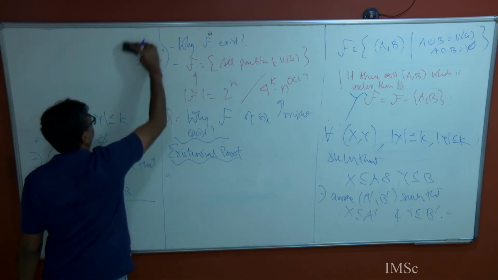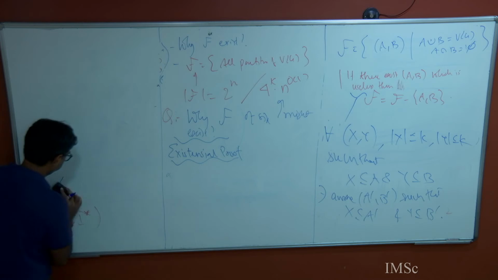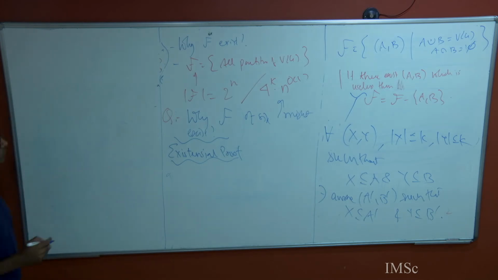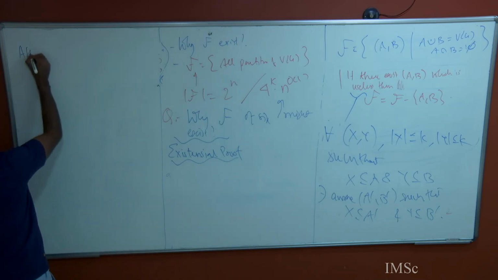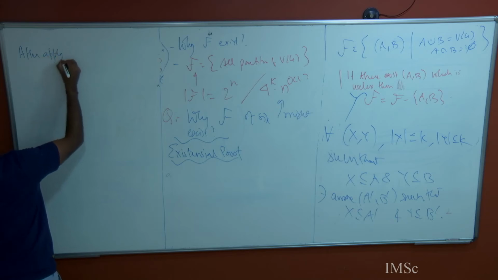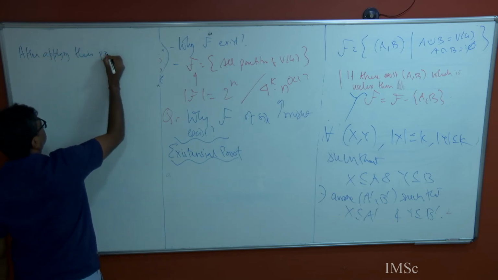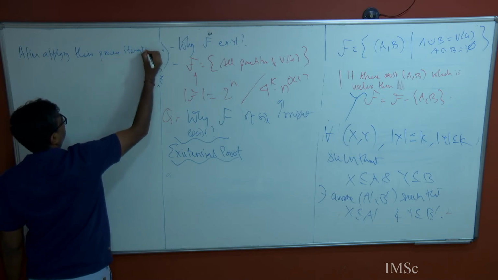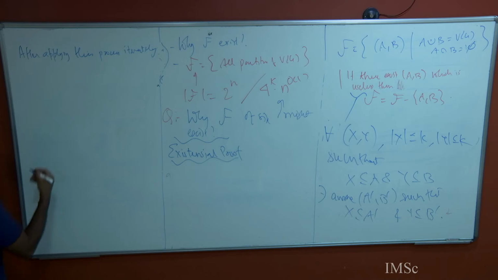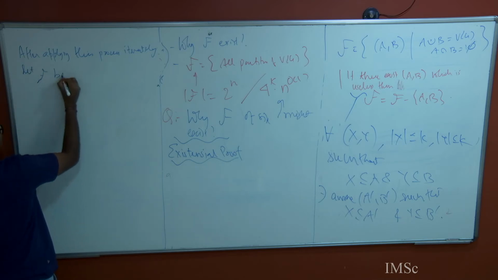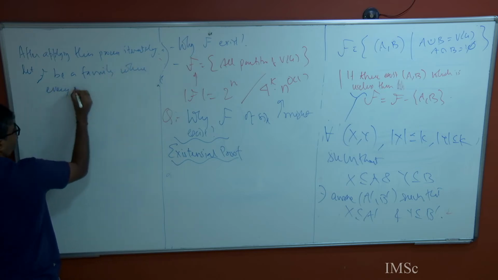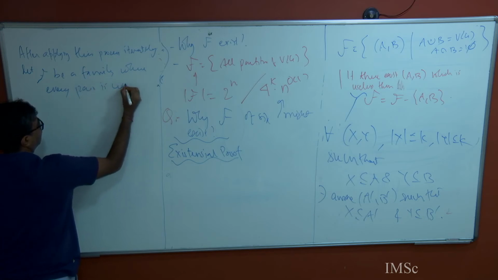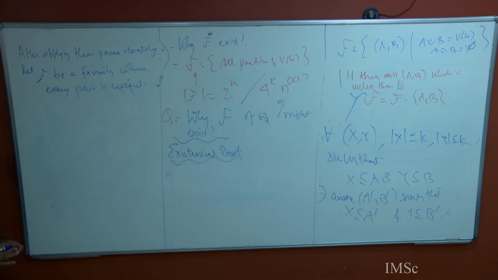So now, finally, after applying this process iteratively, let F be a family where every pair is useful, because I couldn't apply this.